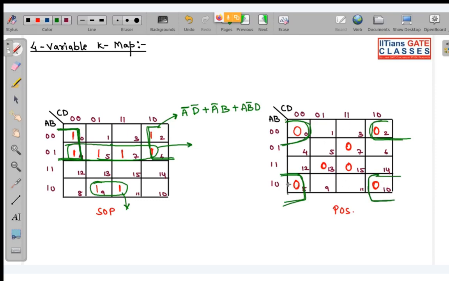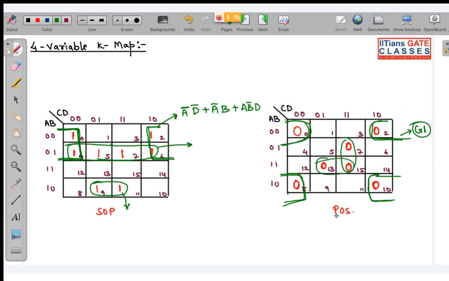Either you can join this point to this point, or you can join this point to this point. What will happen? These will become a consecutive group, means consecutive zeros. Now this will be group 1, group of 4. Next will be this group, and third will be this group.